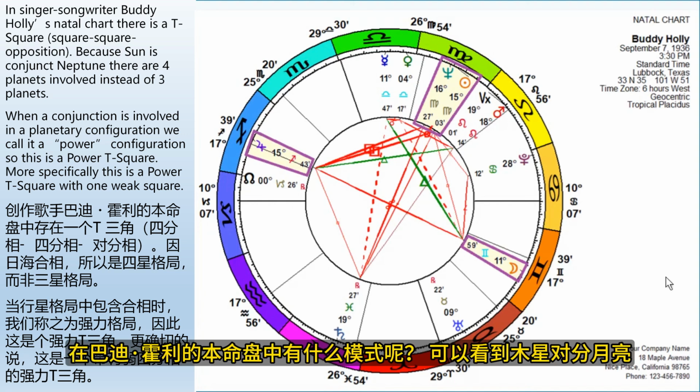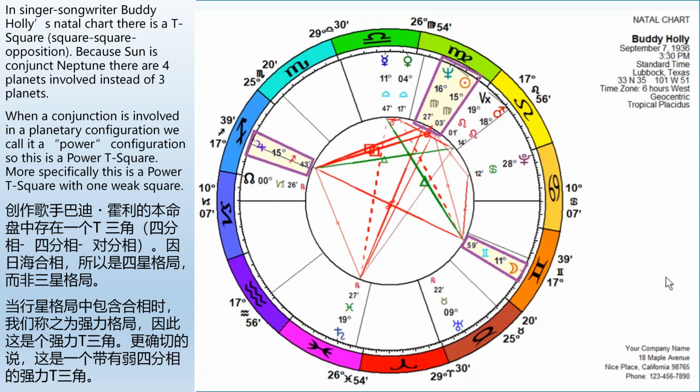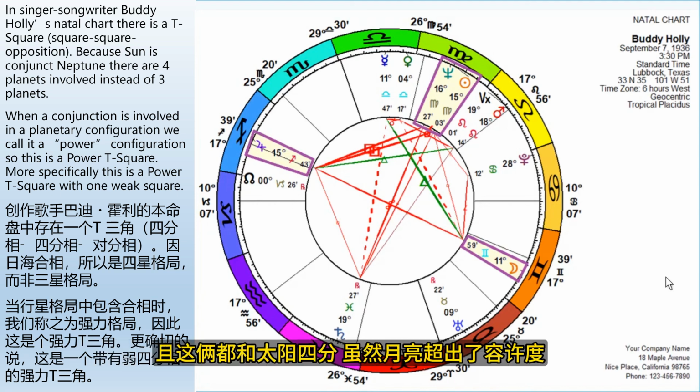So what pattern do we have in Buddy Holly's natal chart? We see Jupiter opposition Moon, and both of them are square to the Sun.